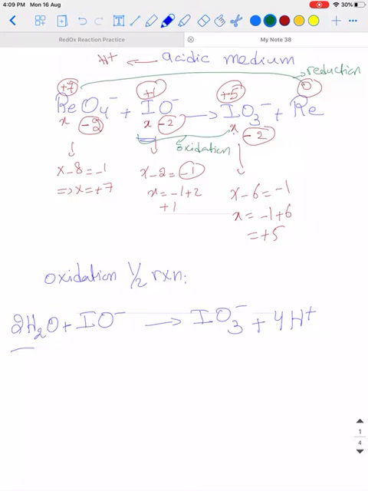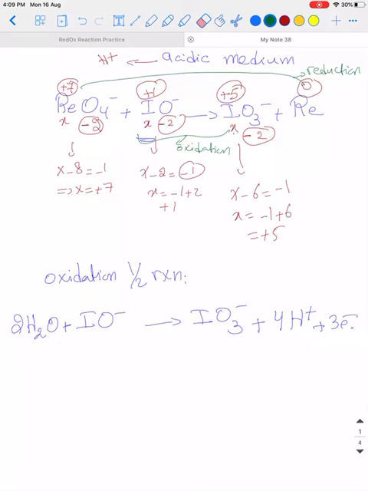Let us check the charge. On the left side, the charge is -1. On the right, -1 plus 4, which is +3. So I have to add 3 electrons to make the charge equal on both sides.